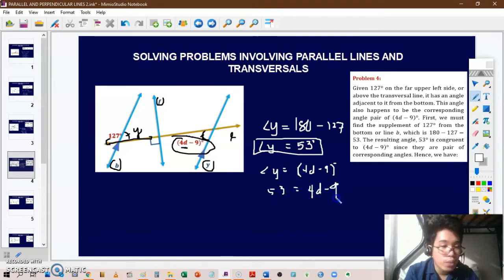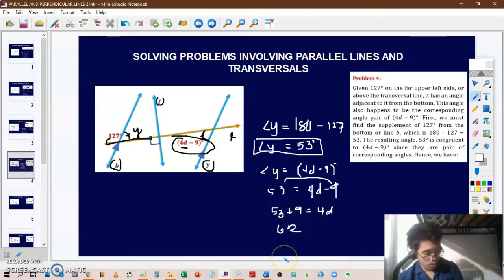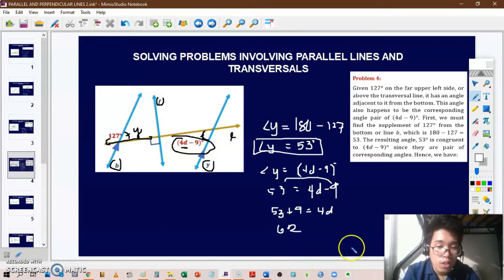From here we can solve the value of D. We can transpose or use the addition property of equality. So this will give you 53 plus 9 is equal to 4D. And 53 plus 9 is essentially, oh no, 62. Let's check that: 53 plus 9 is 62. So 62 is equal to 4D.